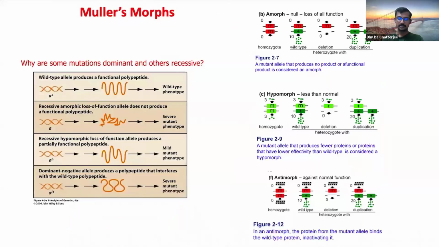Now, this is the last slide of today's discussion. This may help you understand some examples or events of non-Mendelian genetics, especially incomplete dominance and codominance. See, these terms dominant and recessive are relative.